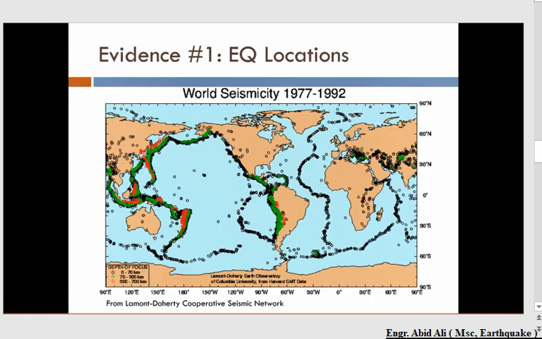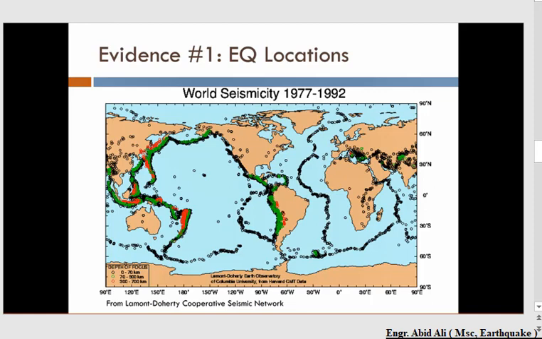So it's kind of exciting when you think how new this field of science is. So let's talk about each of these different evidences.